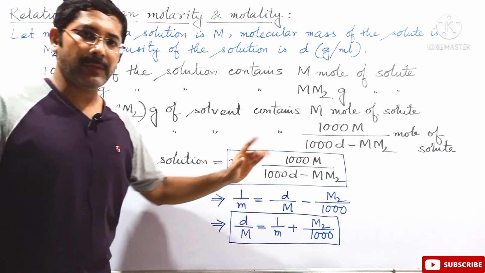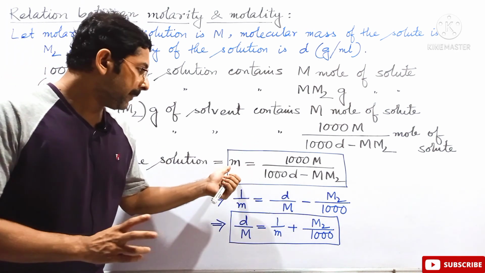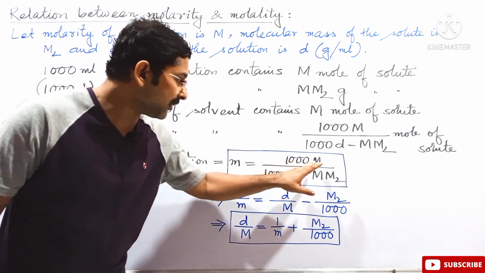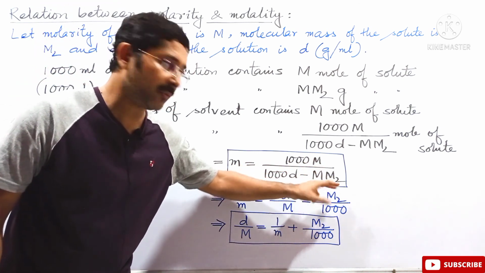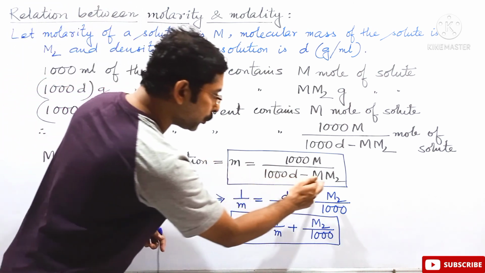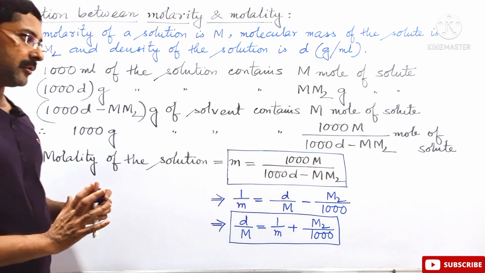This equation has many applications. Look at the parameters involved in this equation. This one is molality, this one is molarity, this one is molecular mass, and this one is the density. So there are four parameters.